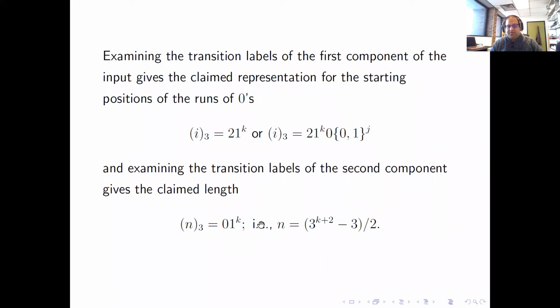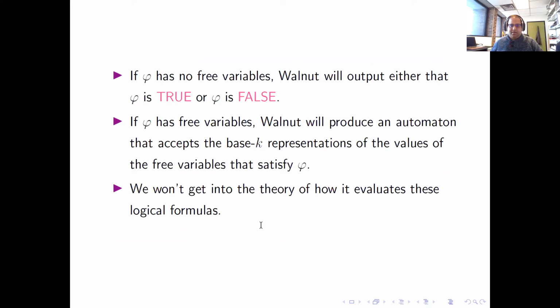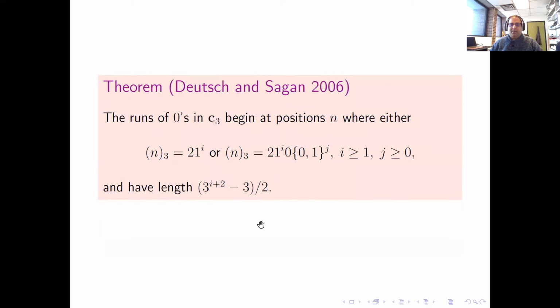So these are the lengths of the runs. All right, so this is how I get this part of the theorem. The program Walnut gives me this output, and that I can interpret as this result.